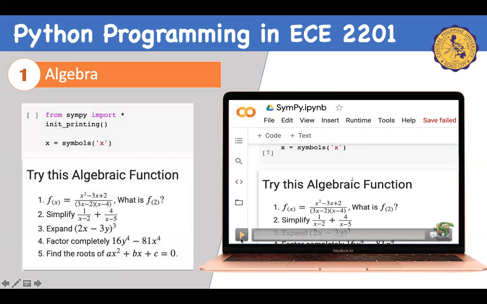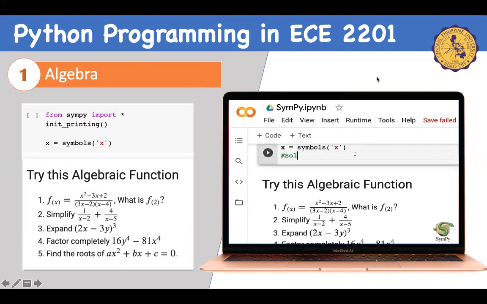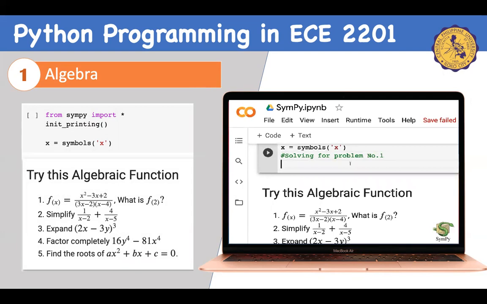All right, now let's do the coding in Google Colab. First, we are going to solve problem number 1. In problem number 1, we are going to write the fraction. So we will be setting up the fraction. This is how you set up the fraction.